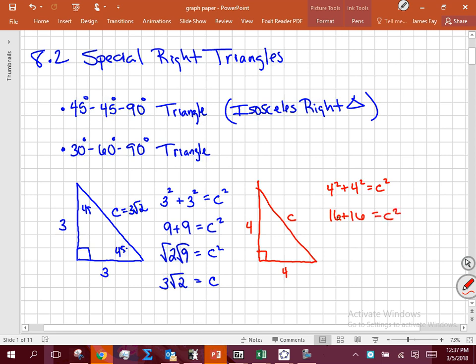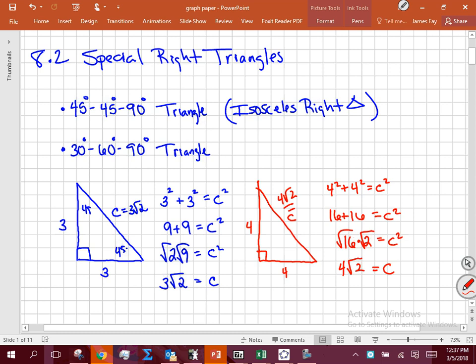Instead of changing it to 32, can I go 16 times 2 is equal to C squared? Square root both sides. What's the square root of 16? 4. What's the square root of 2? The square root of 2. So now we see C is equal to 4 root 2.